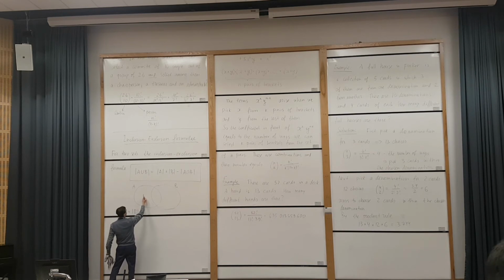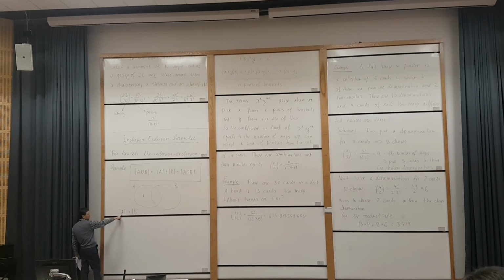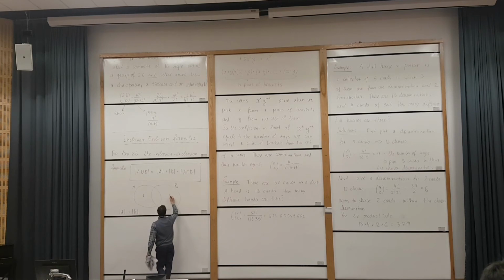So the elements which are in A but not in B will be counted once. They will be only part of this number of elements. Similarly, the number of elements which are in B but not in A will only be counted once, because the intersection is a subset of A and a subset of B.